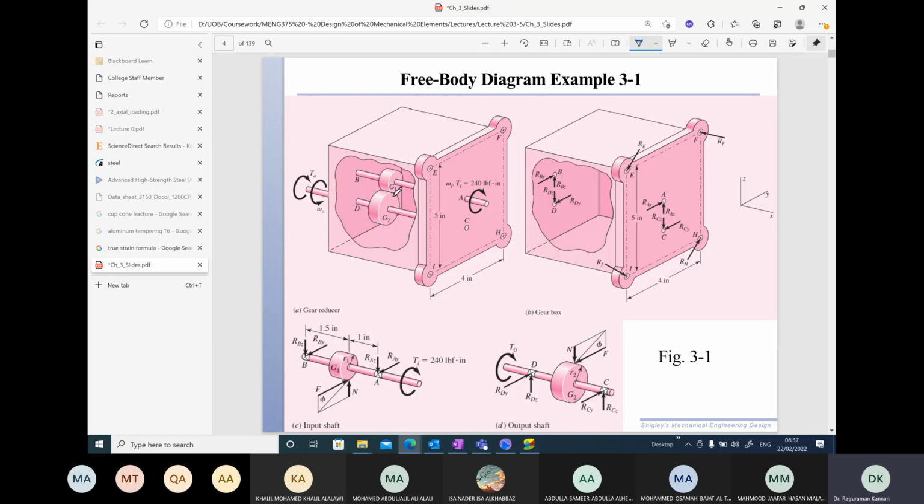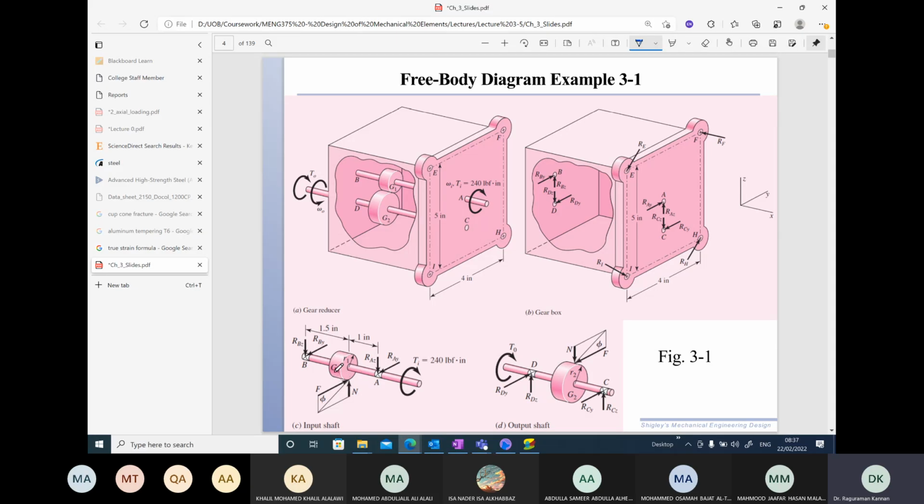So we assume these are spur gears, and it leads to forces which are tangential to the contact point and normal to the contact point on the gears. So you can see the radially normal force, and tangentially you have this force F.